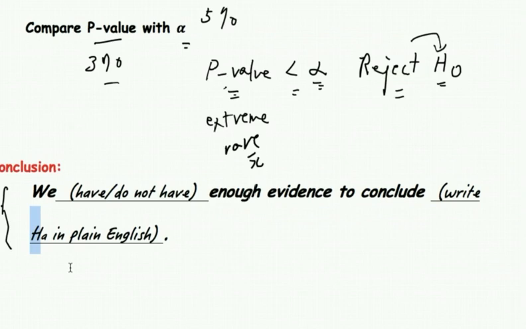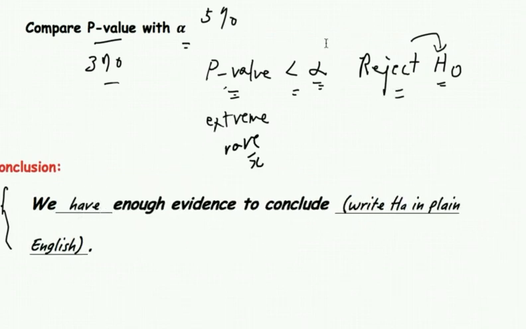We care about the researcher's belief. So in the conclusion, we're going to write the researcher's belief as part of the sentence. So here, because we have a very small p, very unusual sample mean, that's why we reject the null. So we say we have enough evidence to conclude.